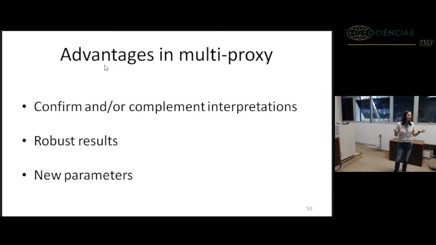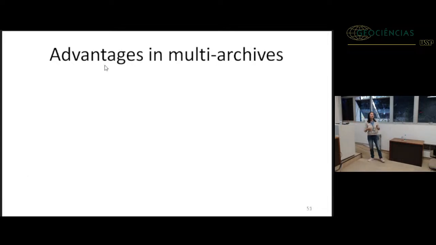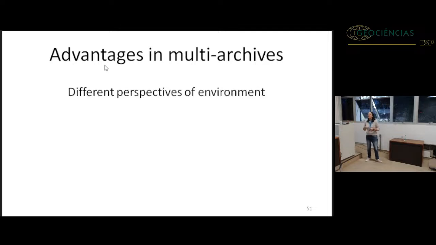And, of course, robust results. We are sure that we are talking about precipitation. I want to be sure I'm talking about temperature. And we also can find new parameters with new methods. But if we add multi-archives in our study, we can have different perspectives of the same environment.